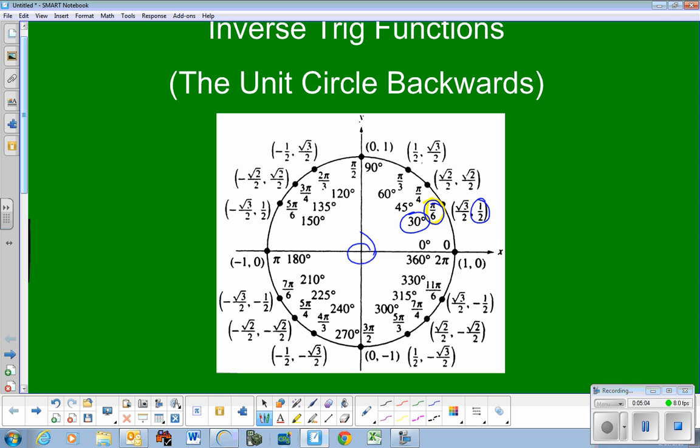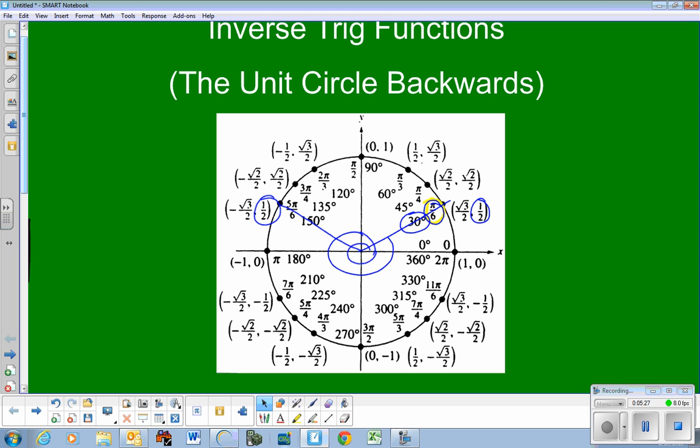All right, another way to say it is 30 degrees has a sine of 1/2. Well, so does 150 degrees, or 5 pi over 6. Well, so does 390 degrees. I'm back here again. And so does, let's see, 360 and 150 would be 510 degrees. So if I say, what's the sine of 510? 1/2. What's the sine of 30? 1/2.